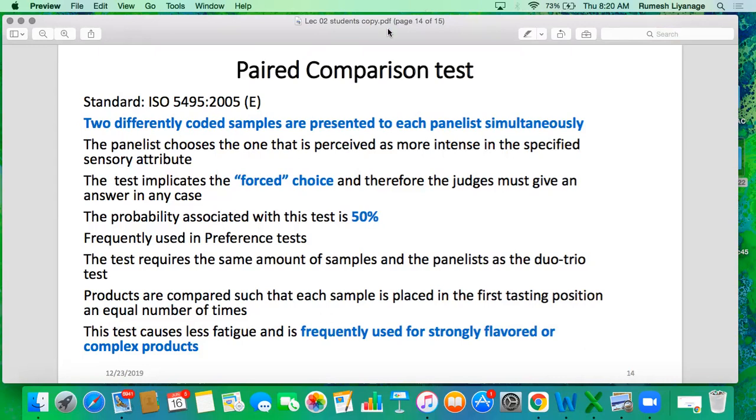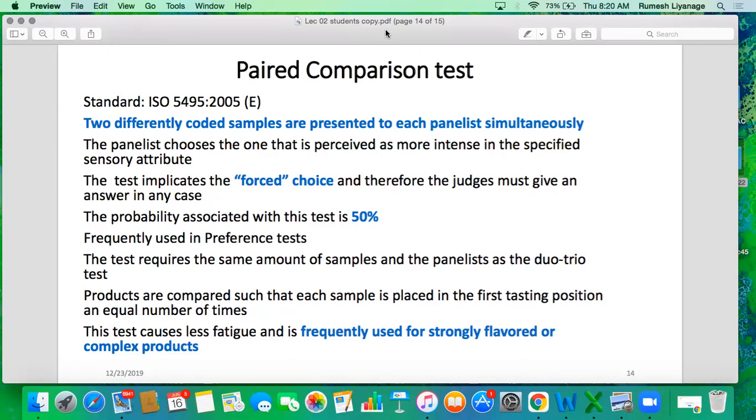Then you can conduct this experiment method for your research in final year, and you just put that you have conducted this paired comparison test by complying with the ISO 5495 method, then it is accepted, right? Here, what we are going to do is 2 different coded samples are presented to each panelist simultaneously.